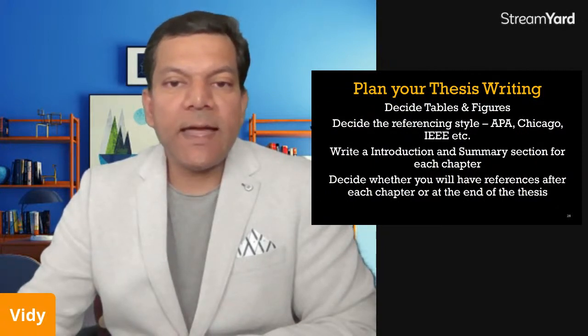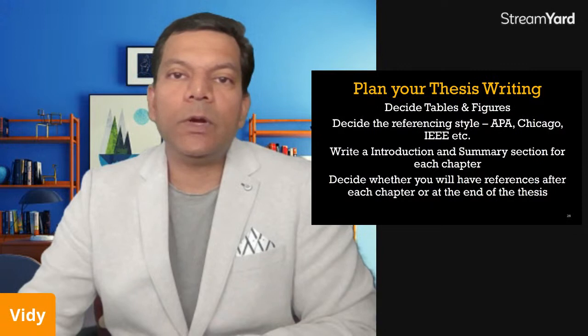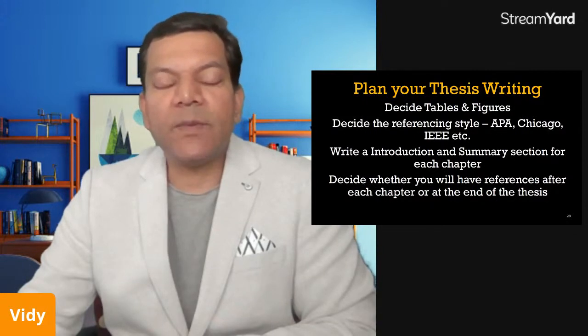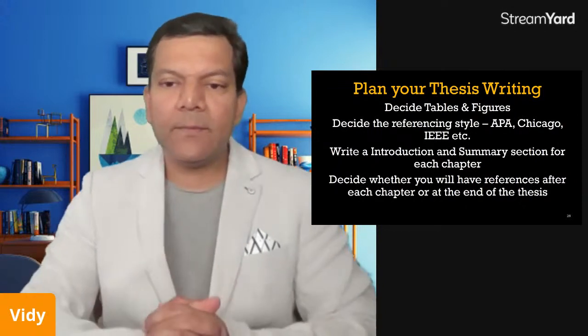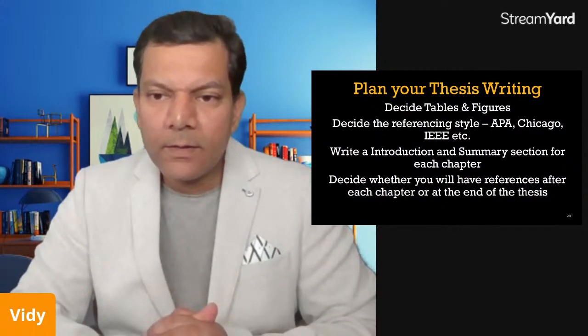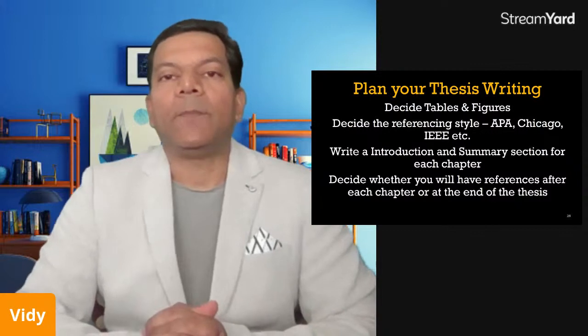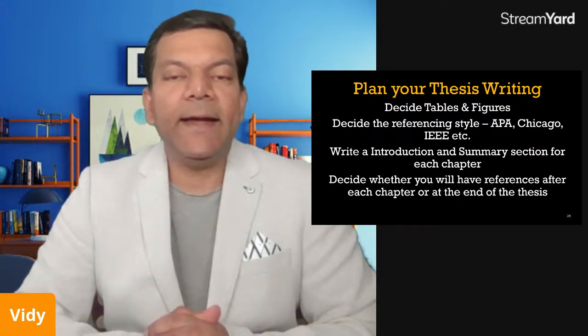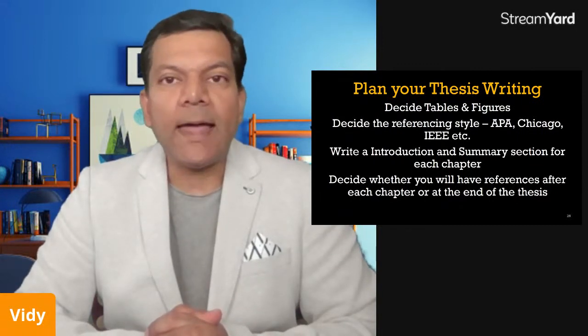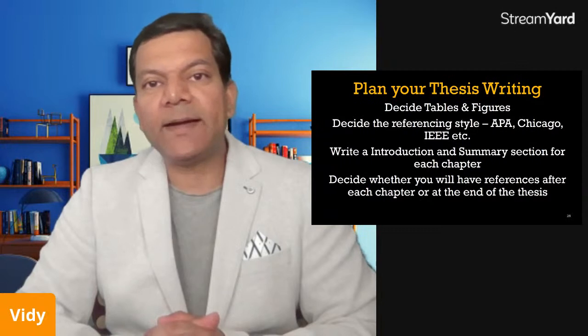Write an introduction and a summary section for each chapter. I think this is a very important part to keep in mind. The introductory section could be giving the reader an outline or a layout of what they can expect in this chapter.